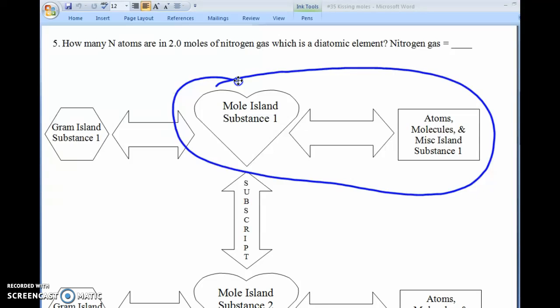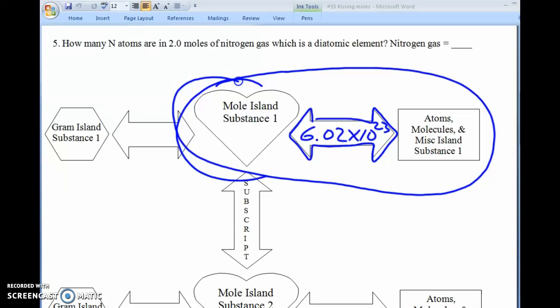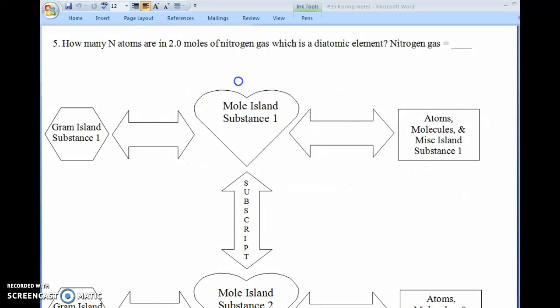The name of the bridge that's right here is 6.02 times 10 to the 23rd. What that means is anytime I go between this island and this island, I will be using the number 6.02 times 10 to the 23rd. So I'm going to erase that and move us back up to the problem.